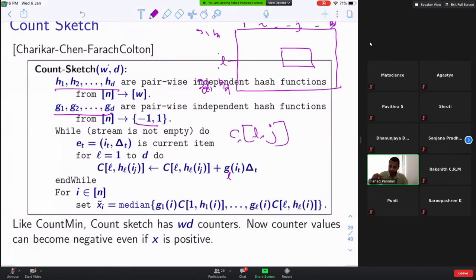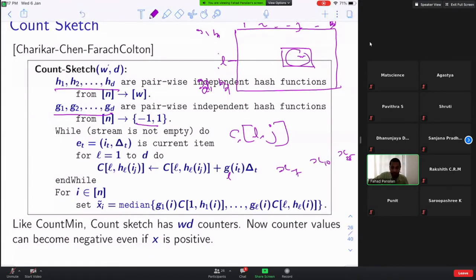Look at the items which are mapped to the jth bucket by the hash function HL. Suppose for ease of argument, let's say 3 items are mapped there. Among x1 to xn, let me call them x7, x10, and x25. So 7 is mapped there, 10 is mapped there, 25 is mapped there, and these are the only things mapped there.